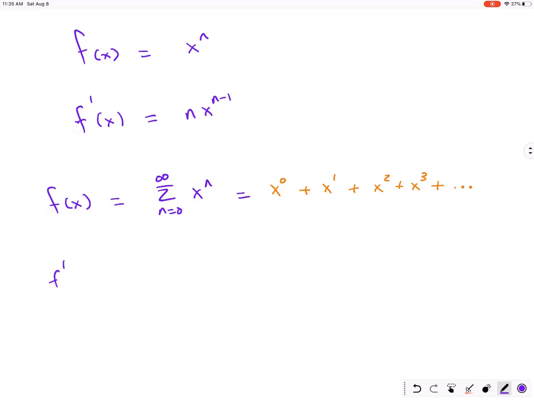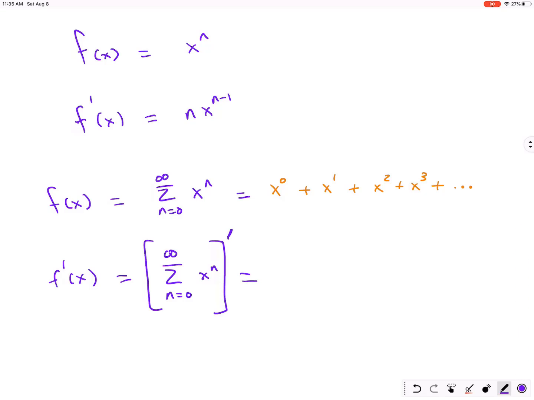So I'm going to take the first derivative of the same idea. That's the summation of n equals 0 to infinity, x to the n, and I'm going to make this notation with the prime notation.